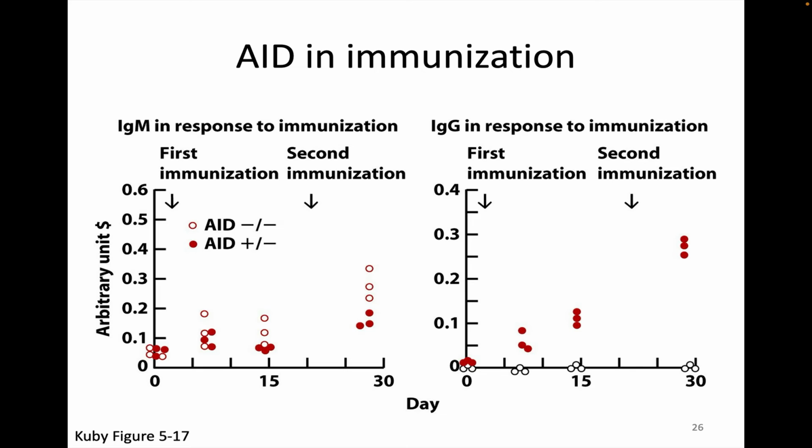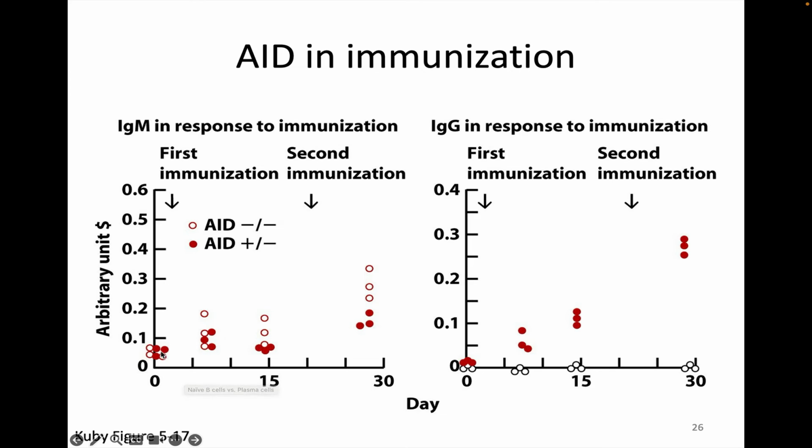We can also see this in the importance of the enzyme AID in these processes. So we can look at mice that either have AID, and yes, these are mice that are actually heterozygous, so they have only one copy, versus mice who have no copies of AID. And we can look at how much IgM they make in response to an immunization and how much IgG they make in response.